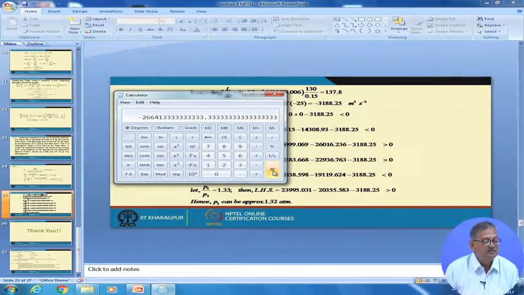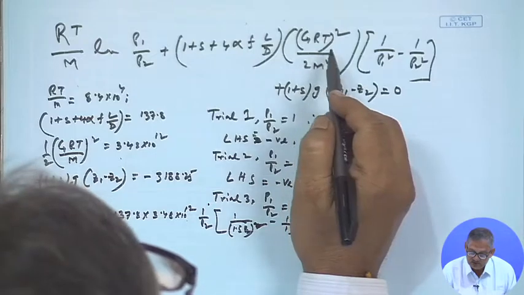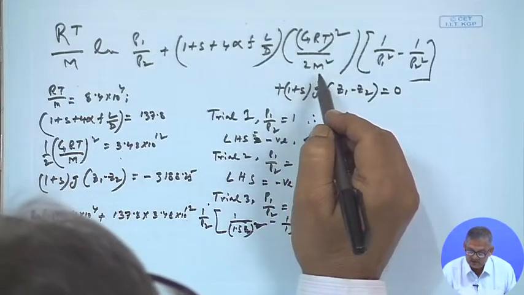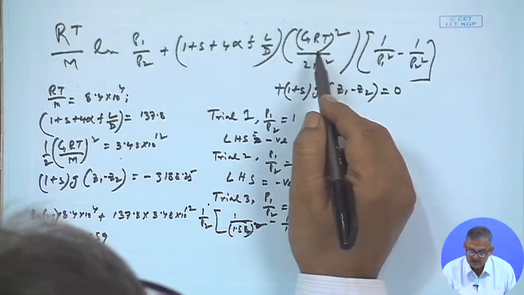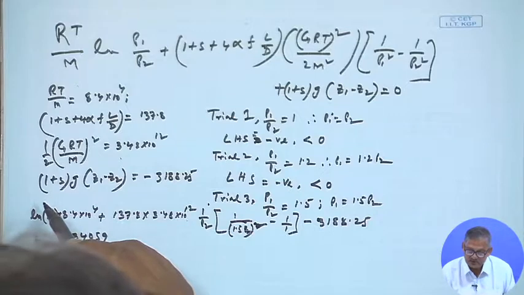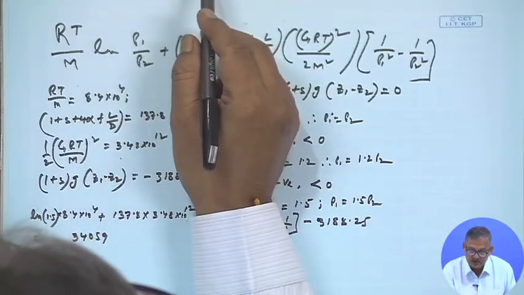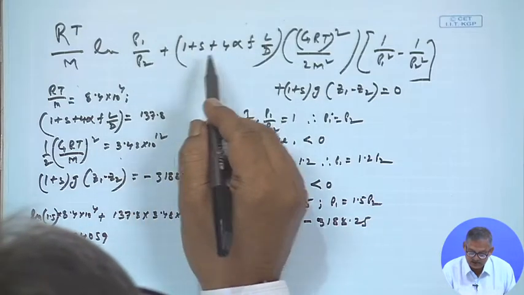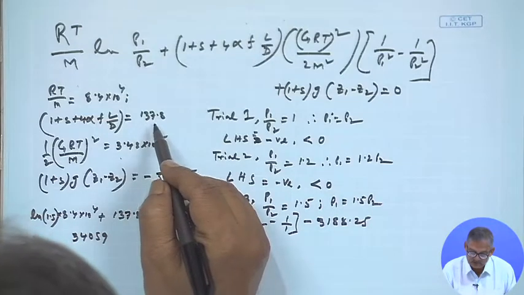Our expression was GRT squared by 2m square, right? GRT squared by 2m squared into 1 plus S4 alpha FL by D. So that has become 137.8.